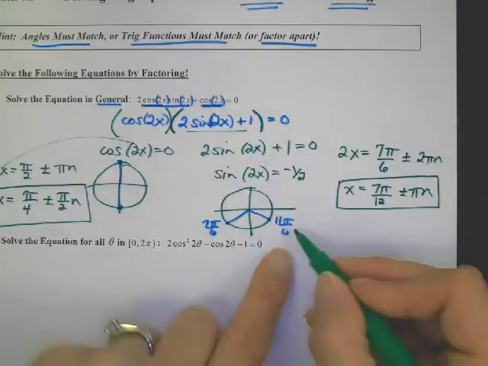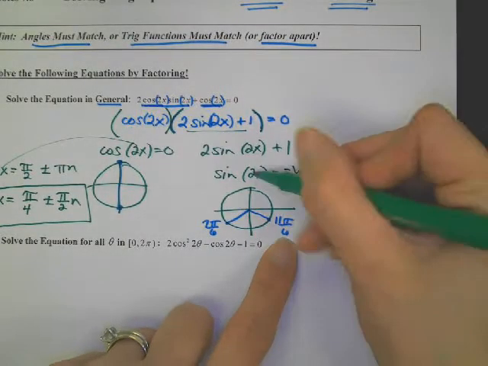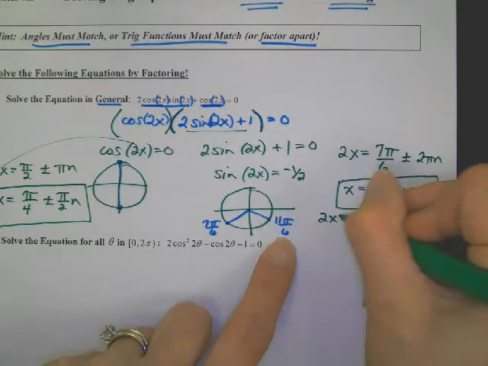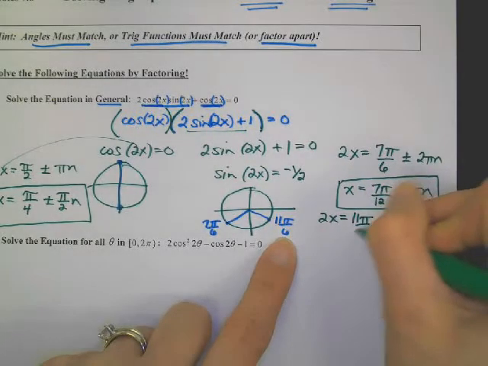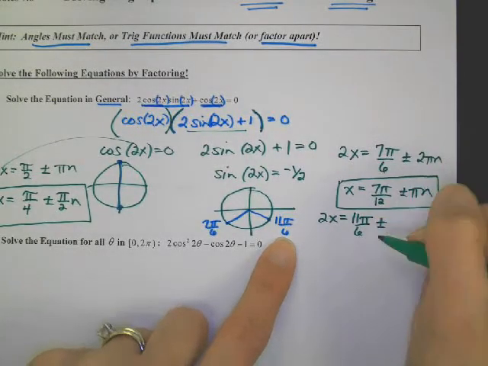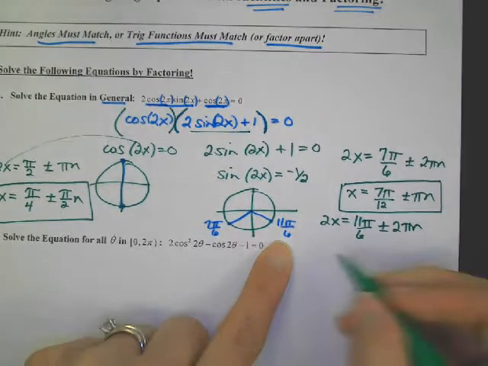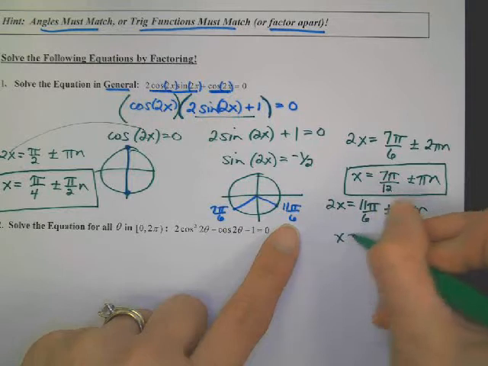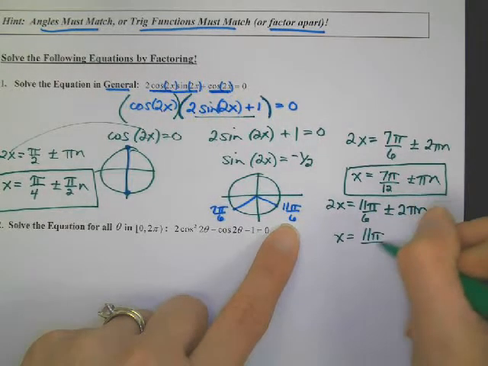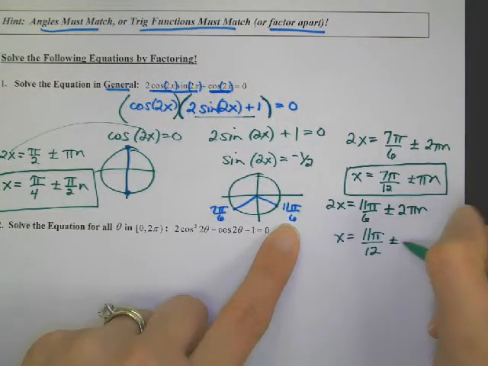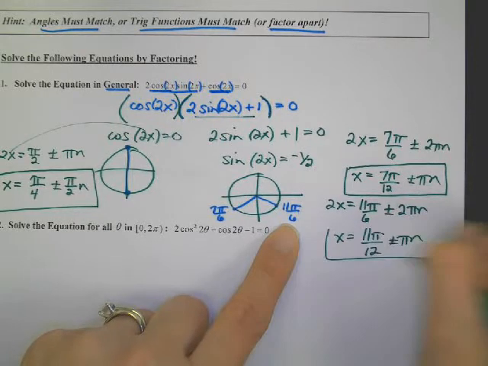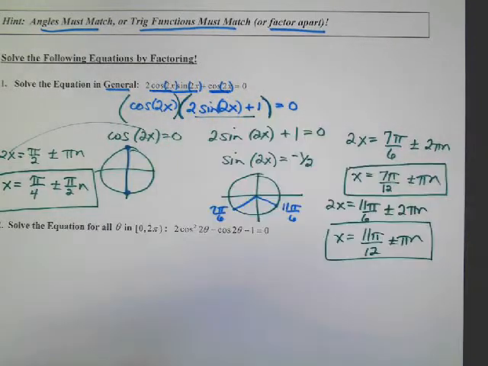All right, now let's make the other equation for 11 pi over 6. The name of the angle is 2x. 11 pi over 6 plus or minus, we'll travel a full circle, 2 pi n, and let's divide them all by 2. That makes 11 pi over 12 plus or minus pi n. So those are the 3 equations you'd want to put on an answer line on a test.